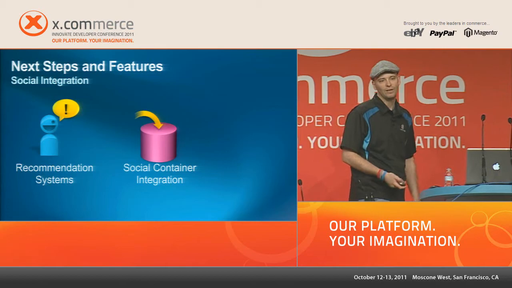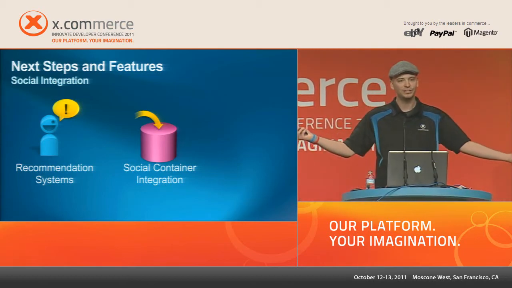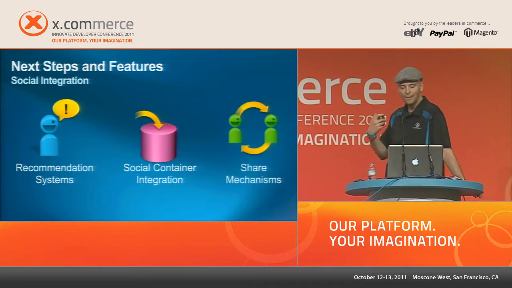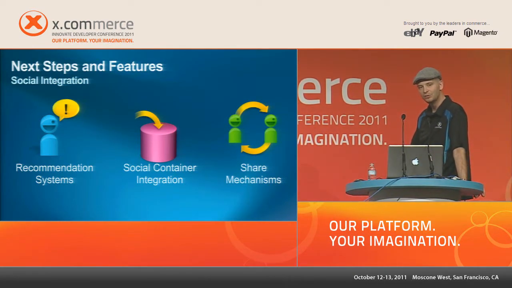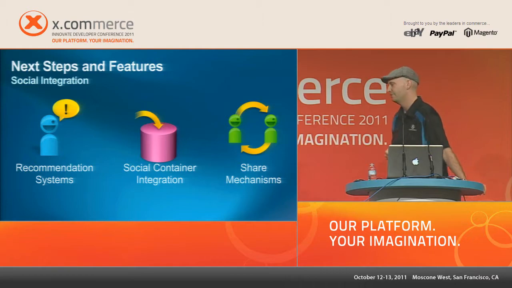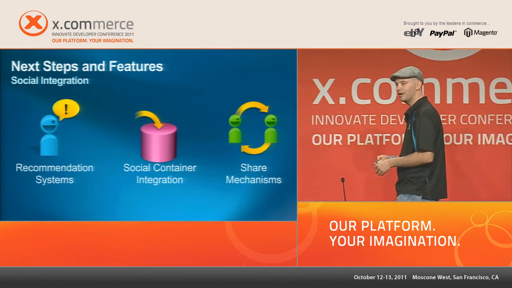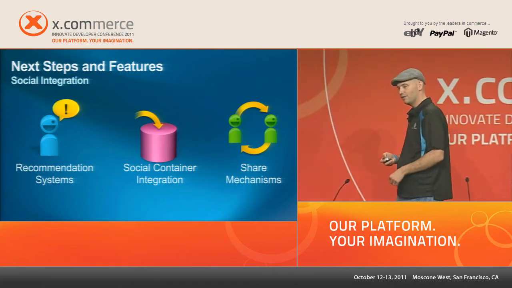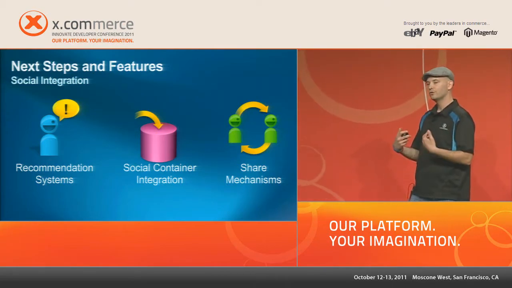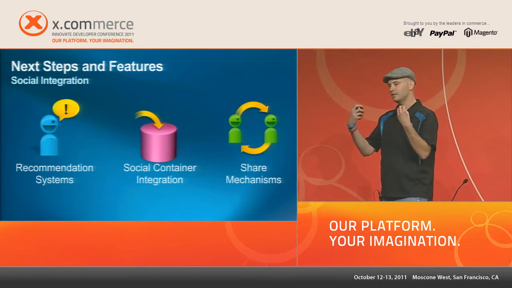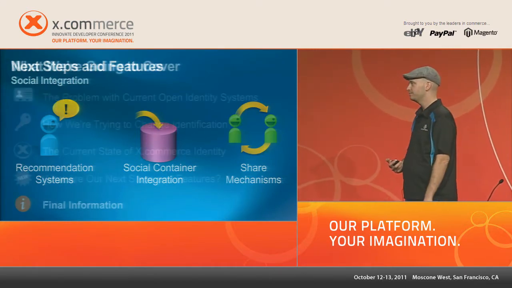Why wouldn't we leverage that to extend our reach to new customers? And then building those share mechanisms, like Groupon or Living Social, where you can send those contacts out to friends, out to family, or what have you. Those sharing mechanisms will increase the reach of any merchant experience.